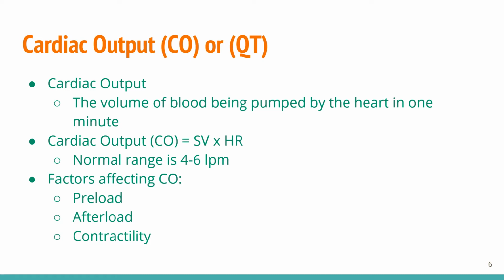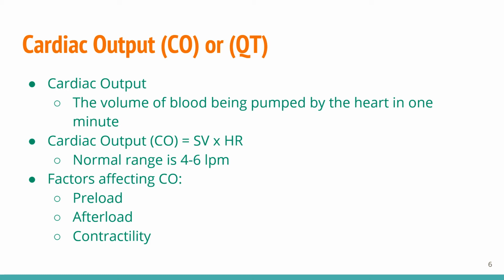So it's the amount that was left over after it contracted. After about two thirds was ejected, you have that one third left, and that is your preload. So the volume of blood in the ventricles during relaxation after the contraction is preload.